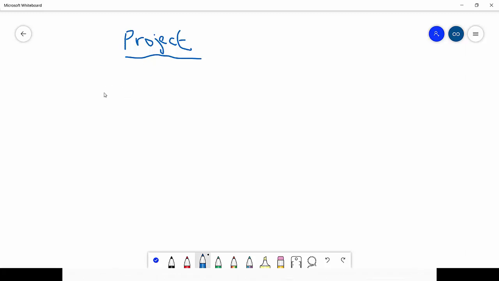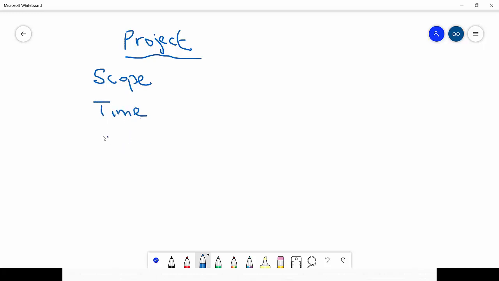We defined what a project is. We said it's a temporary endeavor, and the goal is to create a unique product or service or result, right? Now there are 4 core functions of any project. You talk about the scope of the project. You talk about the time constraints of the project.